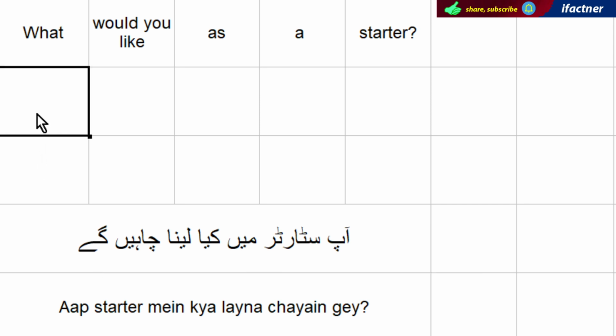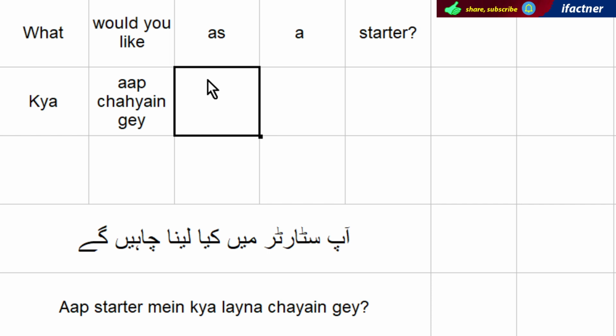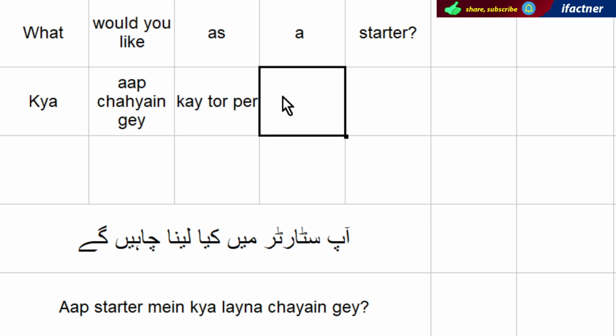Now let's do word by word translation. What is क्या? Would you like? आप चाहेंगे? As के तौर पर, and in Urdu we say में.